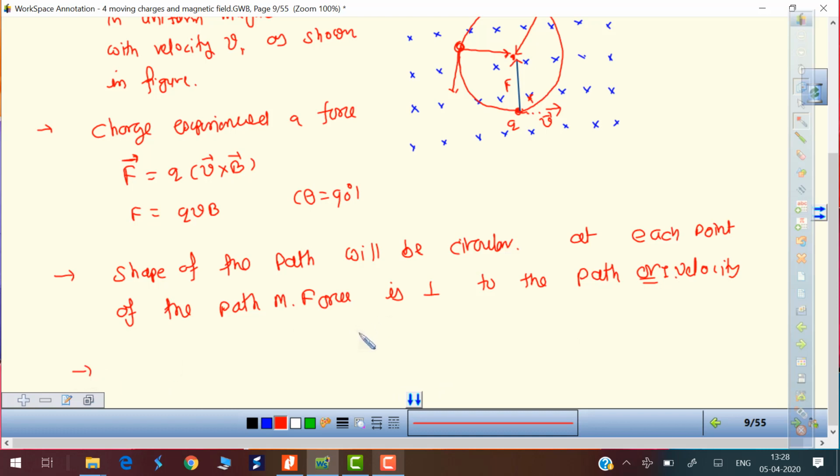We also know that when a particle moves in a circular path, there is a pseudo centrifugal force. The pseudo centrifugal force is mv square upon r. It is pseudo, not real. That is away from the center, and it is balanced by this magnetic force qvB. If these both are balanced, then this particle remains in this path.